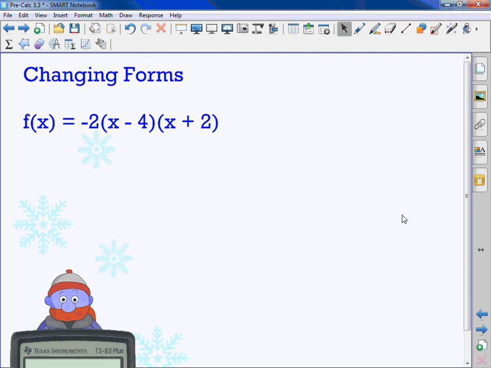Here's another one. You try to do all three. Usually the X-intercepts one's the one that's going to give you a hard time. Which form is this? X-intercept form.